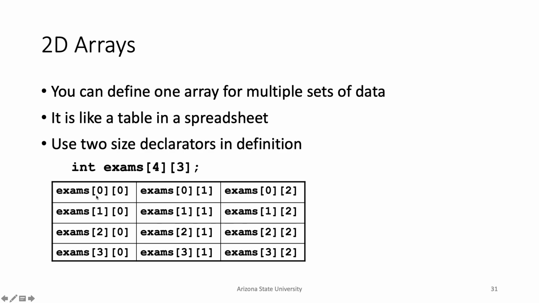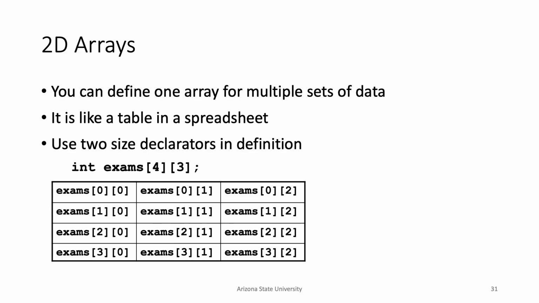So row is the first index right here, and column is the second index. So if I want to go to the next column, I change not the first index, but the second index to be 1 and then 2. And then if I want to go to a different row, I change the first index and not the second one. Okay? So you can think of this like a spreadsheet.